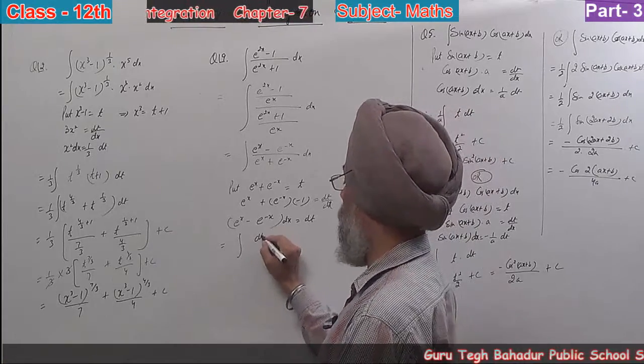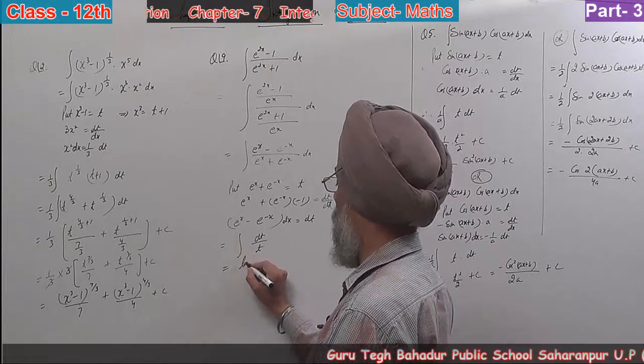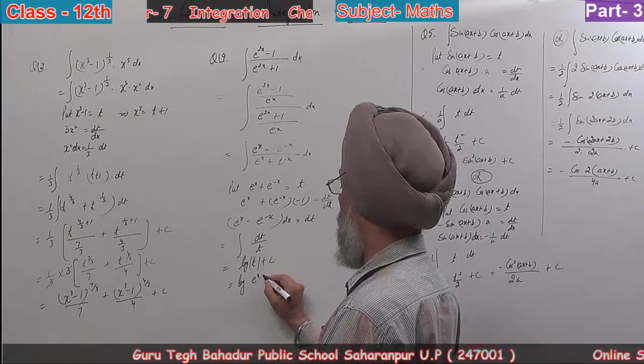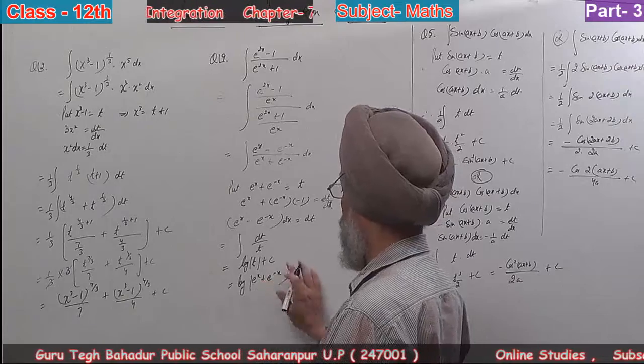The integration becomes dt over t, that is log t plus c, so log of (e^x + e^(−x)) plus c.